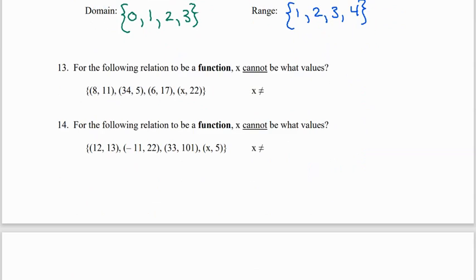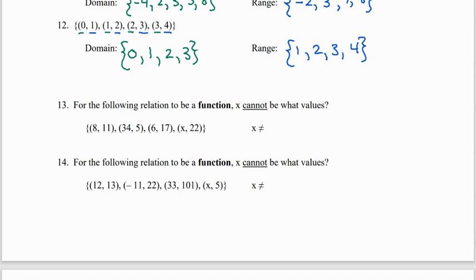All right, the last two we are going to do together, 13 and 14. And 13 and 14 say that they give you 4 ordered pairs. And they're asking you, what can't x equal to ensure we have a function? Okay, so in 13, we have 8, 11 as an ordered pair, 34, 5 as an ordered pair, and 6, 17 as an ordered pair.